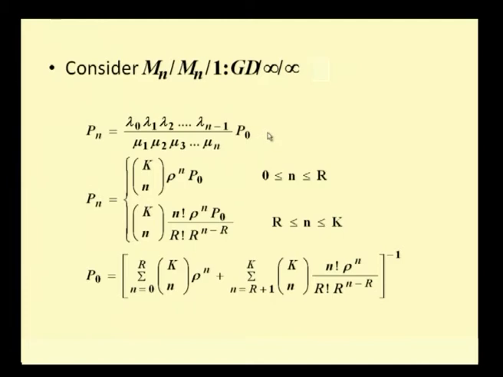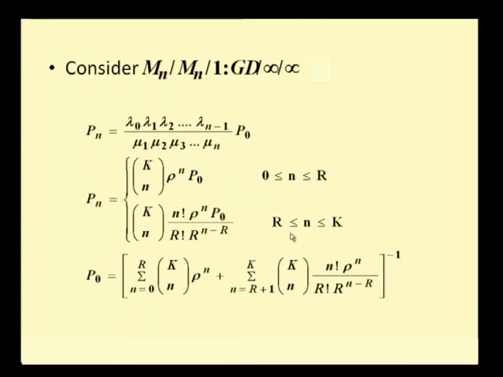Now n can be 0, 1, 2, etc., but after substituting the expressions for lambda naught, lambda 1 and so on up to lambda n minus 1, and hence the mu's, we get Pn to be Kcn rho power n into P naught. What is rho? As before, rho is nothing but lambda by mu, where n lies between 0 and capital R.